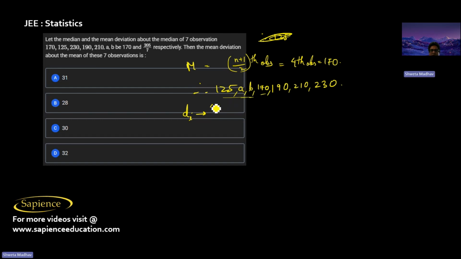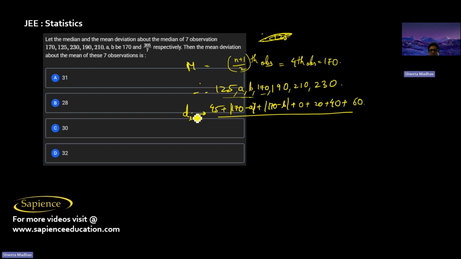So that will be 45 plus 170 minus A, mod of that, plus 170 minus B, plus this is 0, plus 20, plus this is 40, plus 230 minus 170, that is 60.